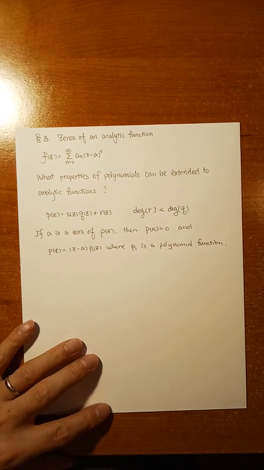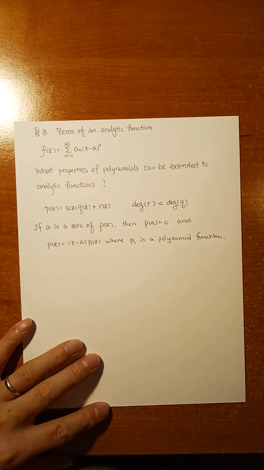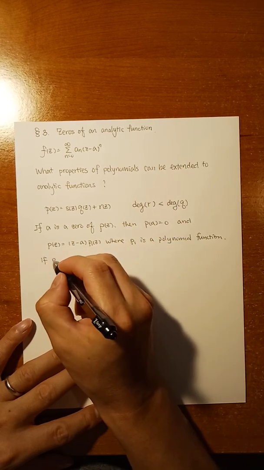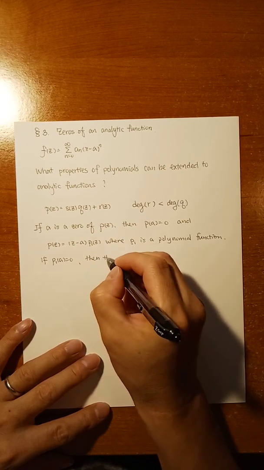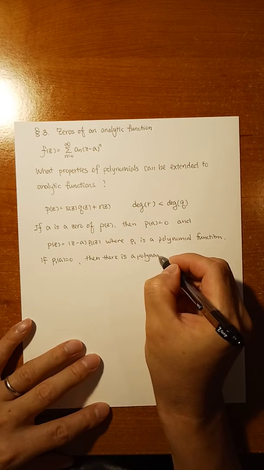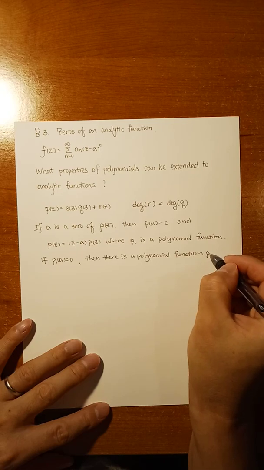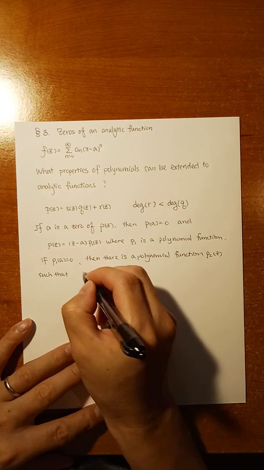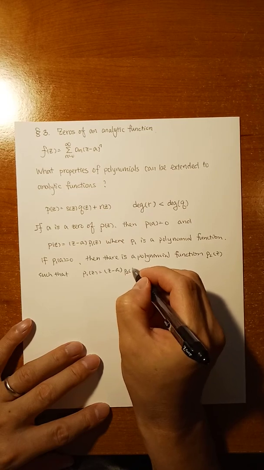So at this moment, we don't know if P1 of A is 0 or not. Maybe if P1 of A is 0 also, then there is a polynomial function P2 of Z such that P1 of Z is Z minus A times P2 by the same reason.